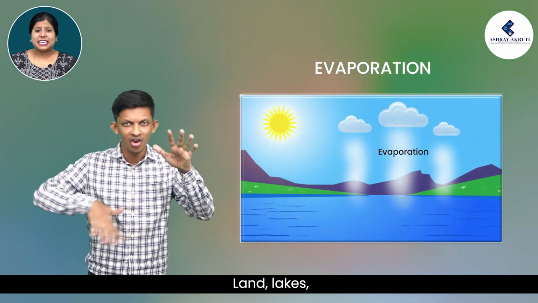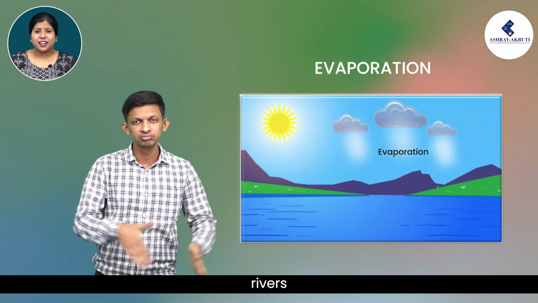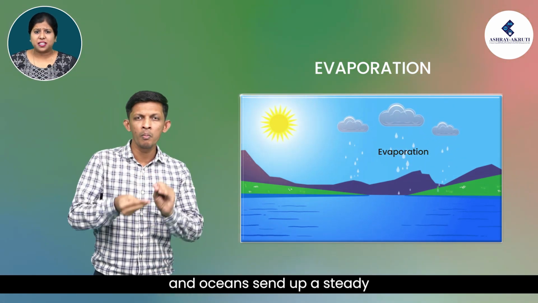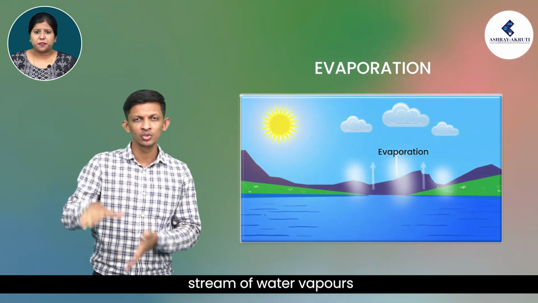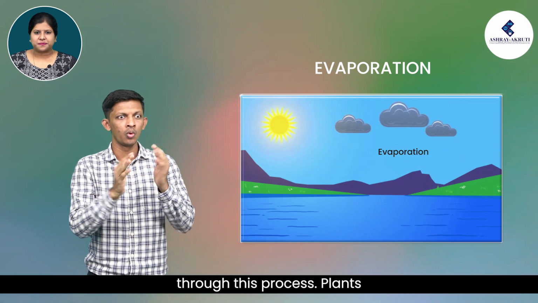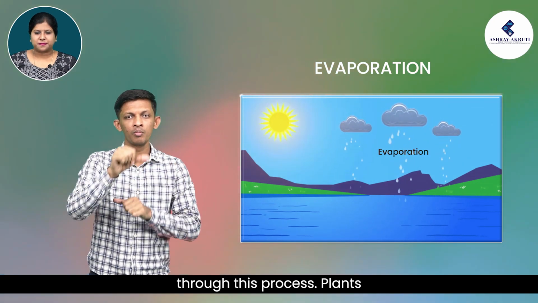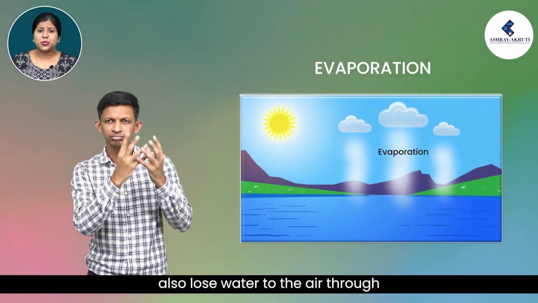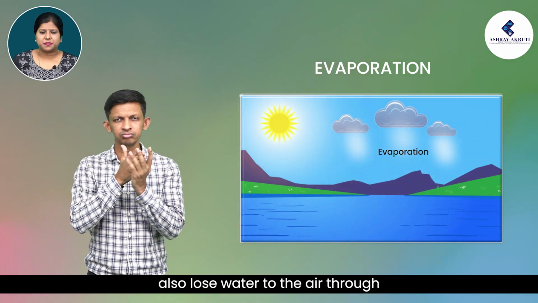Land, lakes, rivers, and oceans send up a steady stream of water vapors through this process. Plants also lose water to the air through transpiration.